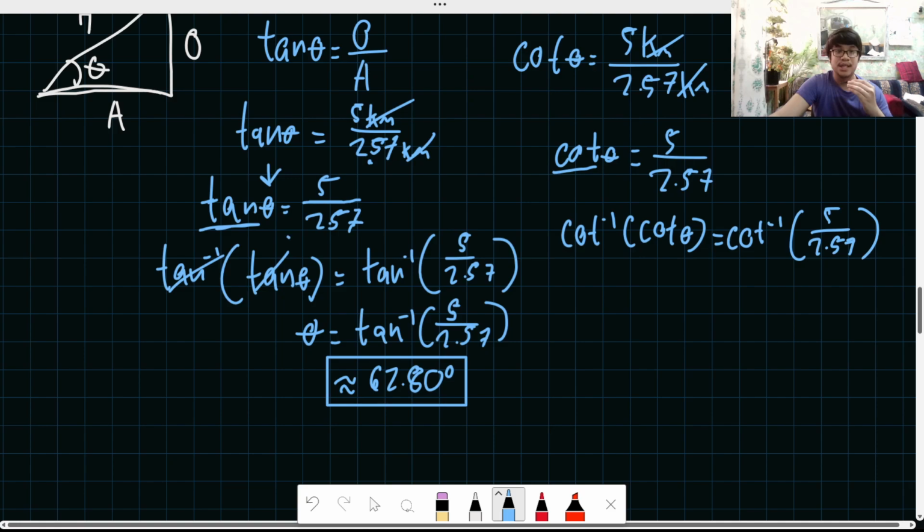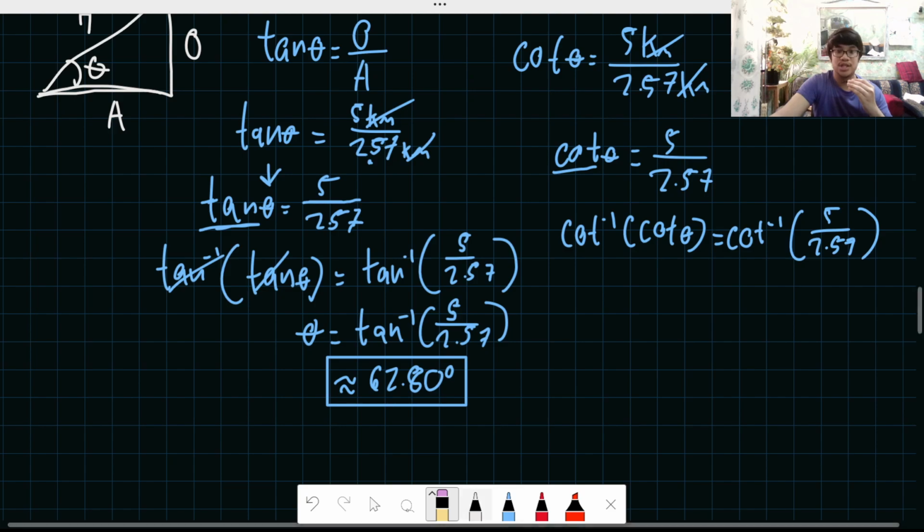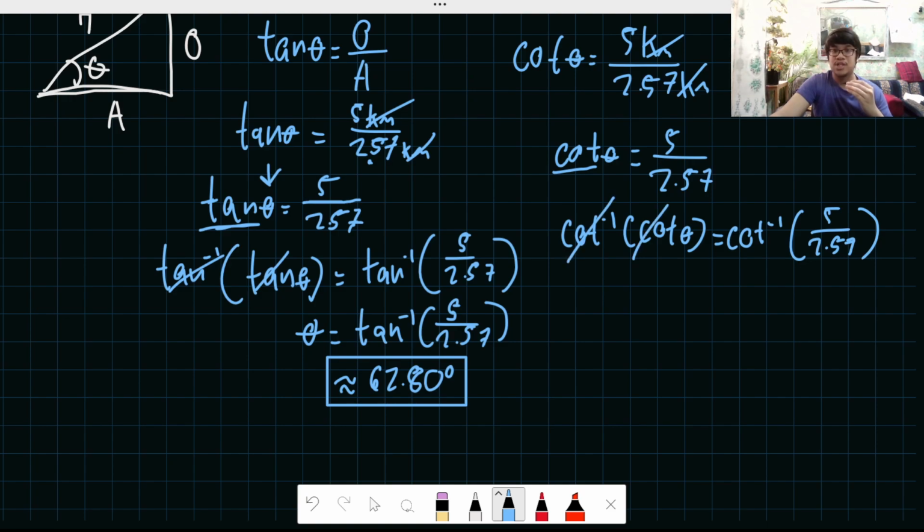And just like here, inverse cotangent and cotangent are cancelled. What's left is theta is equal to inverse cotangent of 5 all over 2.57.